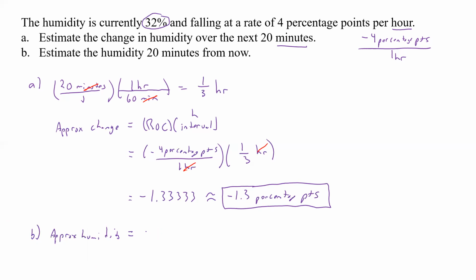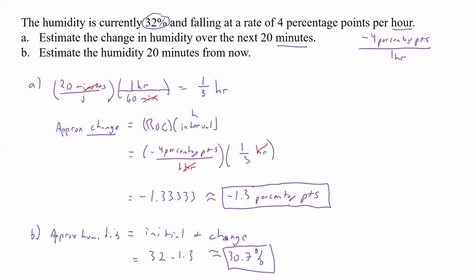So we're taking the initial plus our change. And again, our change we just did right here. So it's going to be the 32, and our change was minus 1.3. So that's going to be approximately, because this is approximate, about 30.7%.